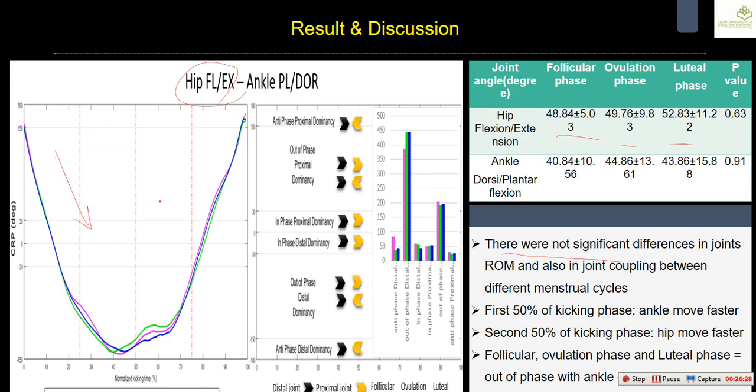During the first 50% of the kicking phase, the ankle moved faster, but during the second 50% of the kicking phase, the hip moved faster, and most coupling patterns were out of phase with ankle dominancy in all of the menstrual cycles.